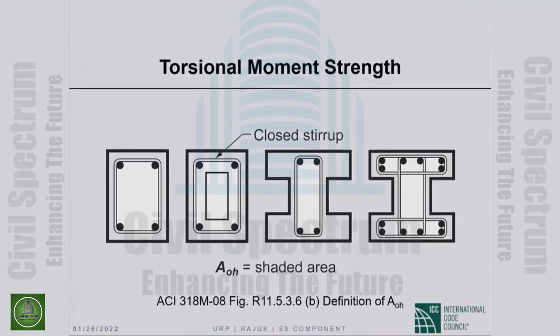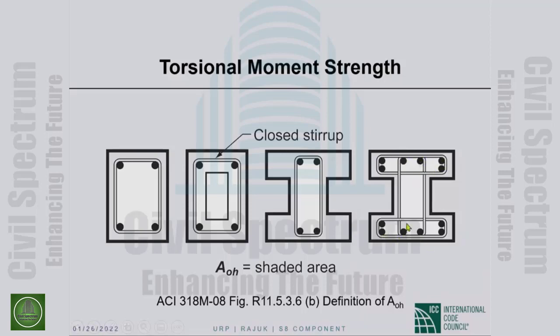This is an illustration of this A sub 0 h. Okay, so here it is straightforward, the center line of closed transverse torsional reinforcement. Here also it is pretty straightforward. This is a solid section, this is a hollow section, it does not make any difference. Here also it is pretty clear cut, I hope. So, the center line of the outermost closed transverse reinforcement. Here it's a more complicated situation.